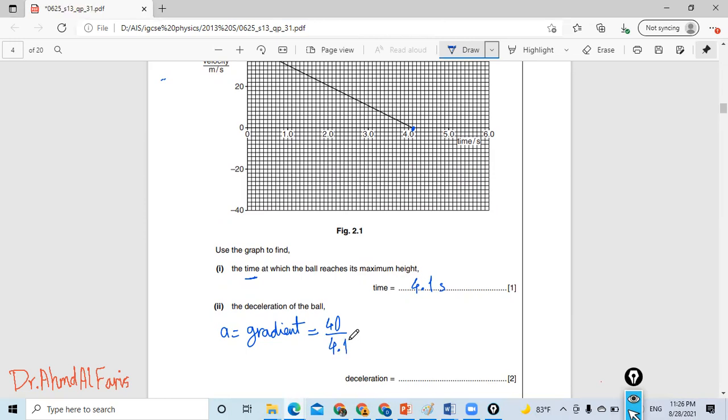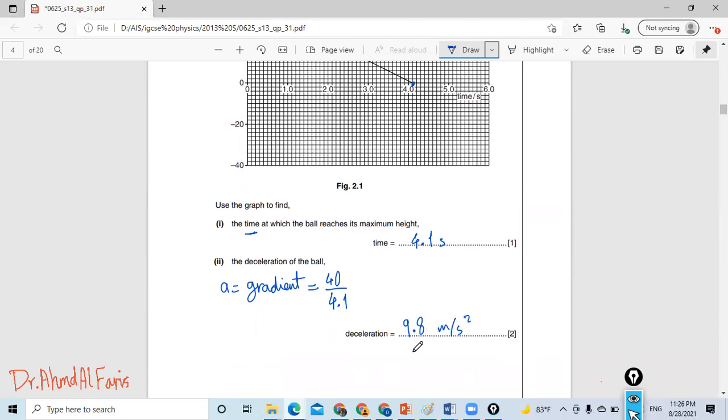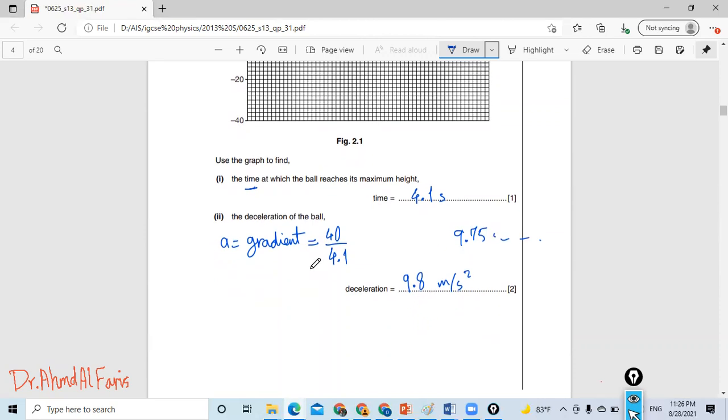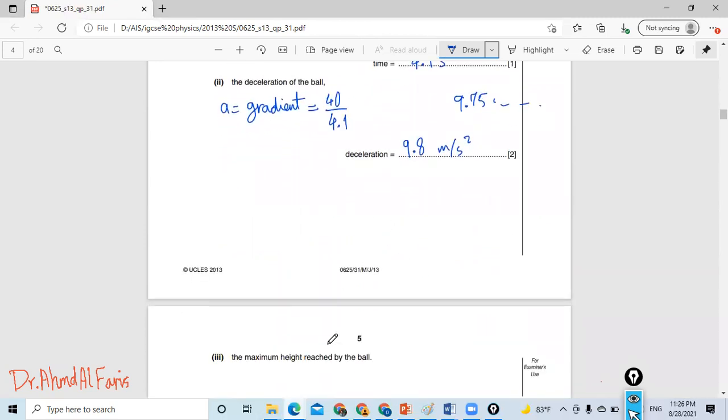Using the calculator, 40 divided by 4.1 is approximately 9.8 meters per second squared. It's supposed to be 10 approximately, but 9.8 is more accurate. The answer is 9.75 and so on, but we rounded to 2 significant figures. So the deceleration here is equal to the gravitational acceleration.